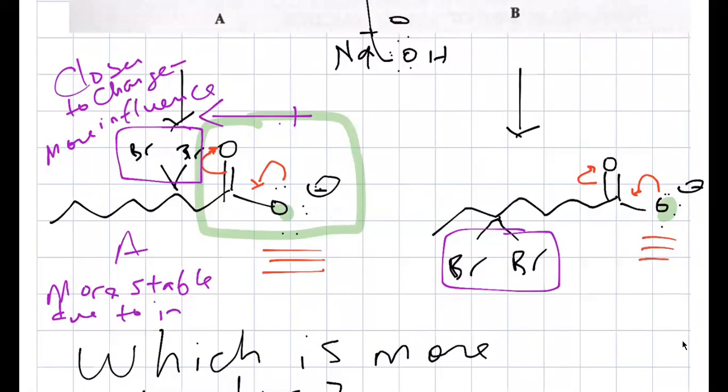And what causes the induction are those electronegative bromine atoms that are close to that charge, right? The further away you move those atoms, the less influence they have over trying to stabilize that charge. So this acid is going to be more stable.